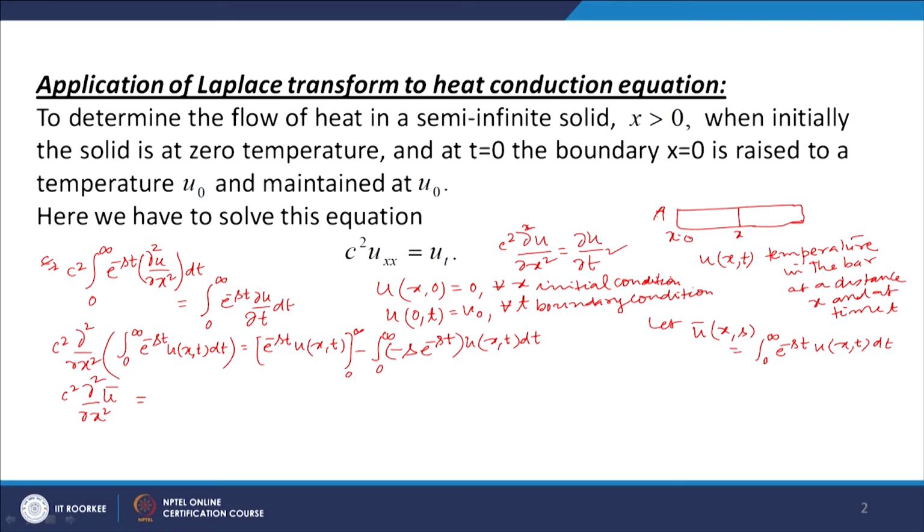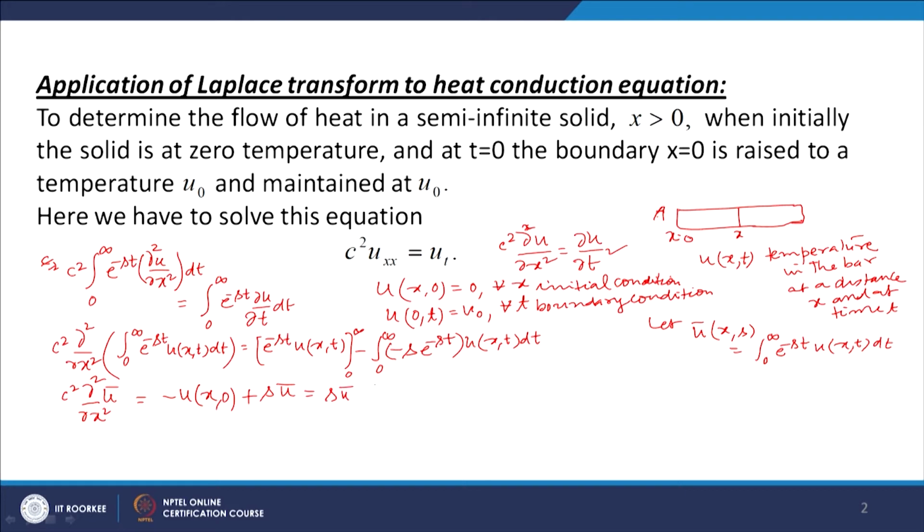When t goes to infinity e to the power minus s t goes to 0 when s is positive, so u x t into e to the power minus s t goes to 0 because u x t remains finite. So this goes to 0, and when t equal to 0, e to the power 0 is 1, and this is u x 0, so minus u x 0, plus s times integral 0 to infinity e to the power minus s t u x t dt, which is the function u bar x s. So we get s u bar. Now we are given that u x 0 equal to 0, so this is equal to s u bar.